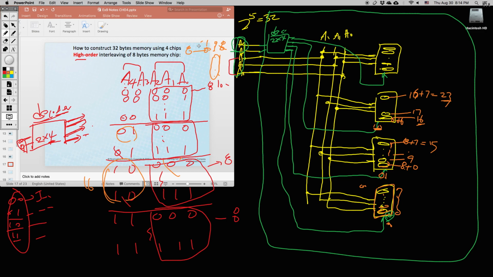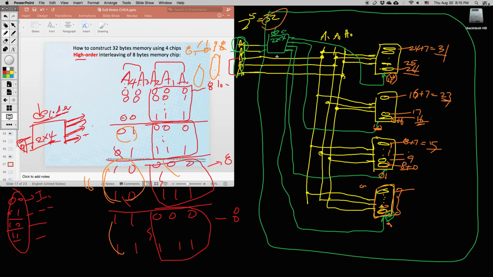Lastly, if we apply 1, 1, then 1, 1 is equivalent to 24 in decimal value. So this location is 24 plus 0 and 24 plus 1. The last one is 24 plus 7, which is 31. So we have achieved 32 addresses: 0 through 7, 8 through 15, 16 through 23, 24 through 31.